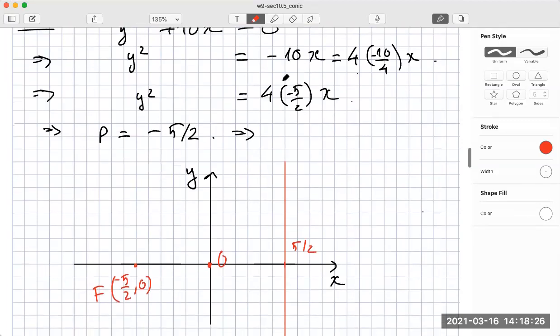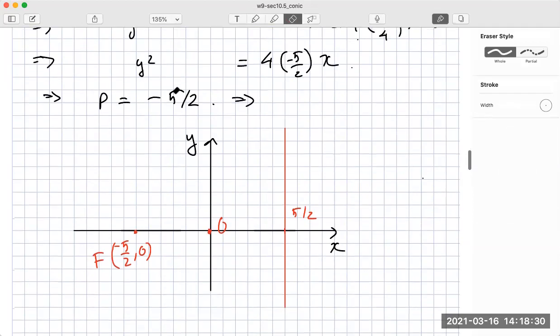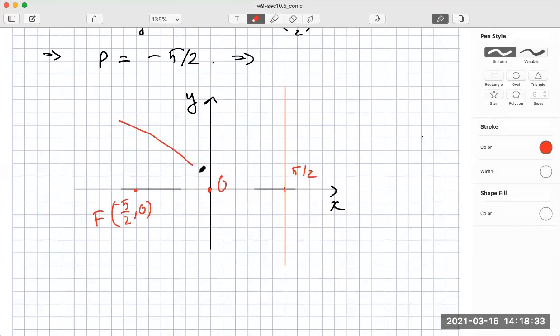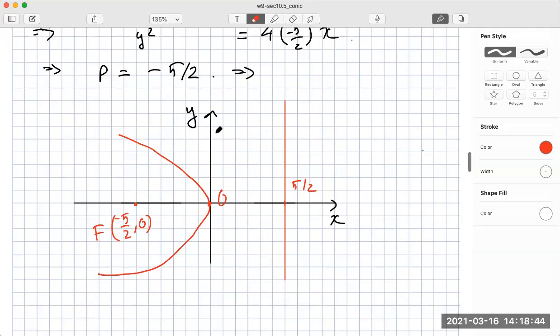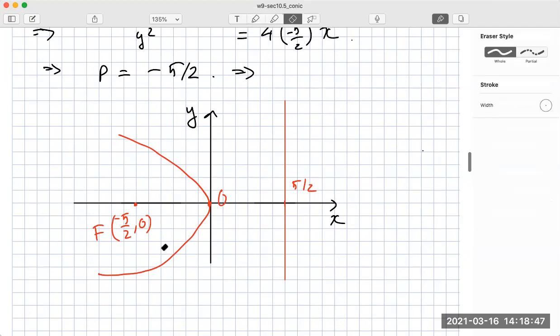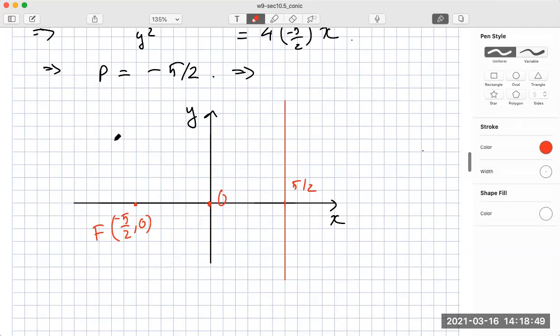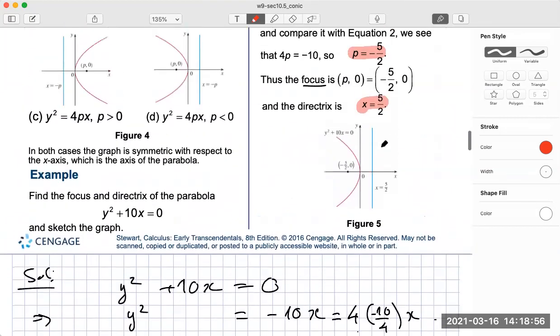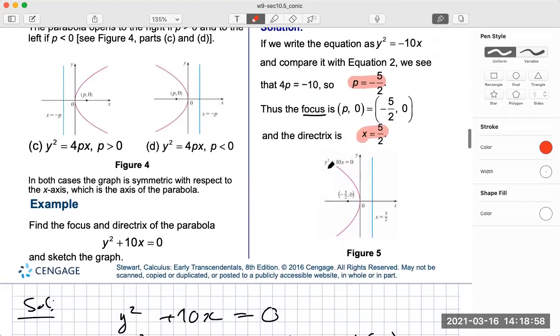Anyway, let us just graph a parabola like this, right? We know it should be this way. Then for the points to compute more accurately, we should pick some more points.